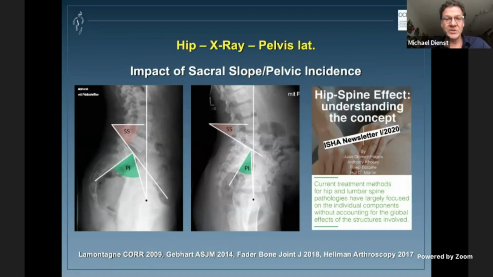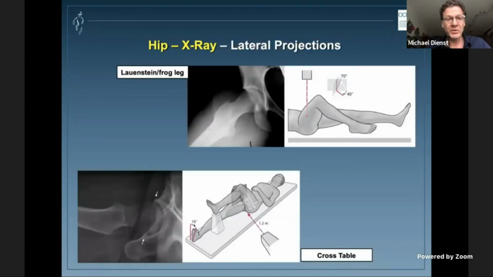The impact of pelvic inclination is increasingly being discussed. When you, for example, look at our ISHA newsletter from March, you will see a nice paper on that. So this is being recognized and should be considered in the future. Lateral projections: there are different lateral projections out there.